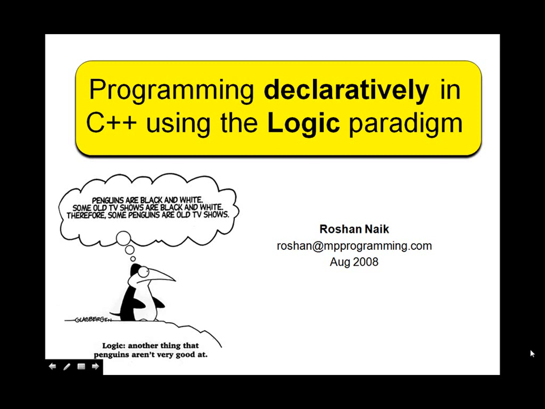When you think about programming declaratively, you might think of languages such as SQL, HTML, or regular expressions as examples of declarative programming, and you might notice that the basic theme behind these languages is the fact that you are describing what you want, not how you want it done.